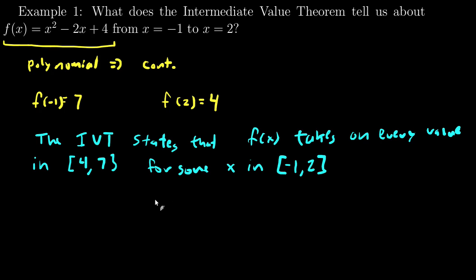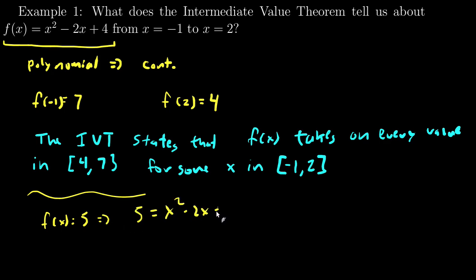Okay, and what I can do is this. I can say, so when does it equal 5? Because 5 is in this interval. So f of x equals 5. I can actually solve this and get 5 equals x squared minus 2x plus 4. I can solve this by subtracting 5. I get 0 equals x squared minus 2x minus 1. I can put this into the quadratic formula.